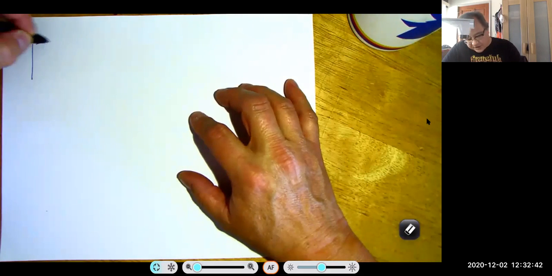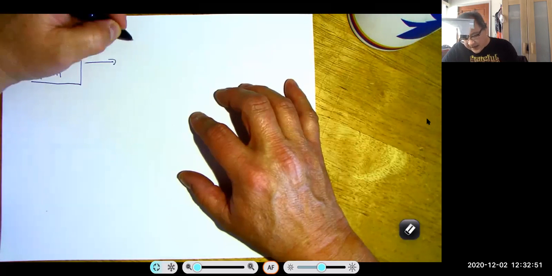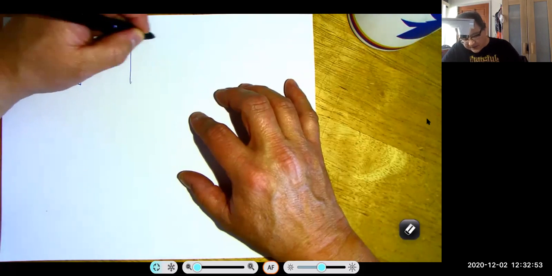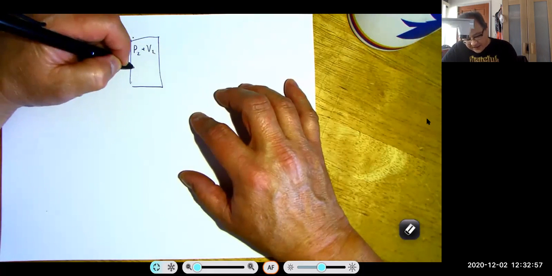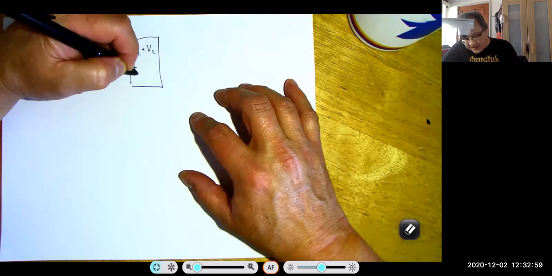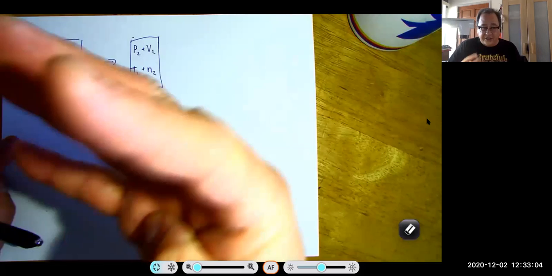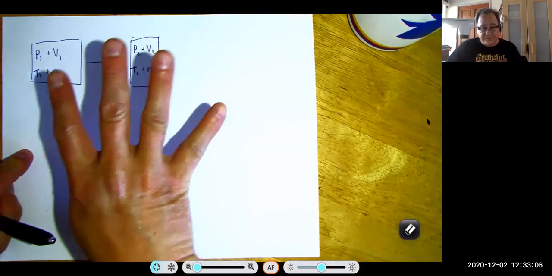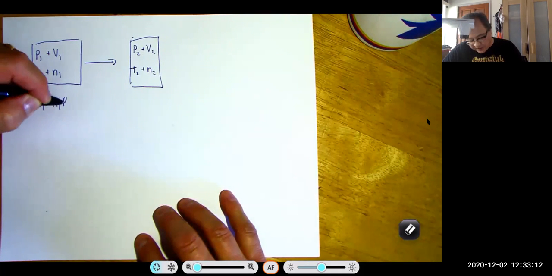So imagine this again, where you've got a P1 and a V1 and a T1 and an N1, and you take that gas and put it into a different container, and you've got a P2 and a V2 and a T2 and an N2. So all 4 things are changing. What can we say about this? We can say P1V1 is equal to N1RT1.